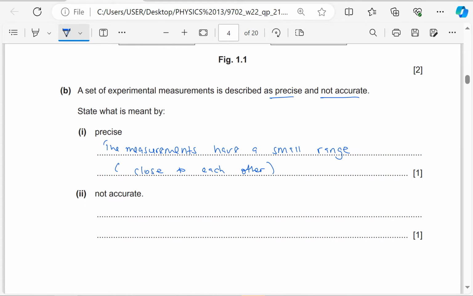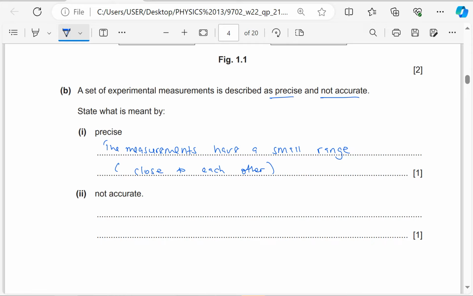But then not accurate. For accuracy, if we have repeated measurements, we always look at the average. The average of the measurements should be close to the true value if the measurements are accurate. If it is not close to the true value, then the measurements are not accurate. So they are saying not accurate.